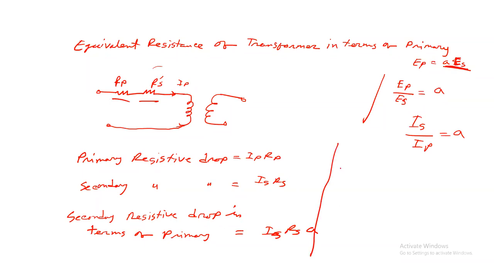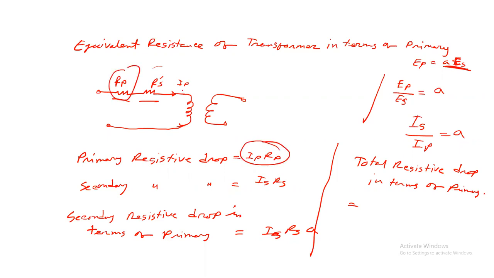So our total resistive drop in terms of primary is equal to this drop plus this drop, which is IP RP plus IS RS A. Clear? Yes, sir.